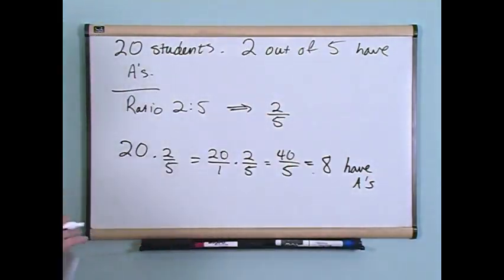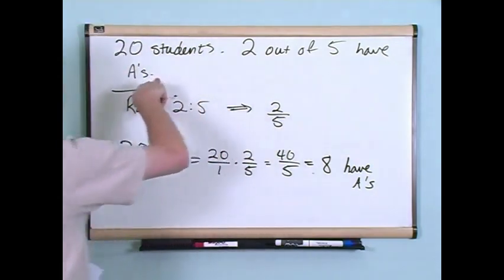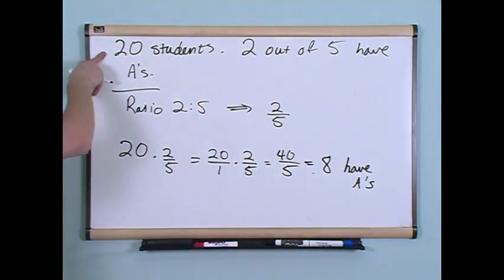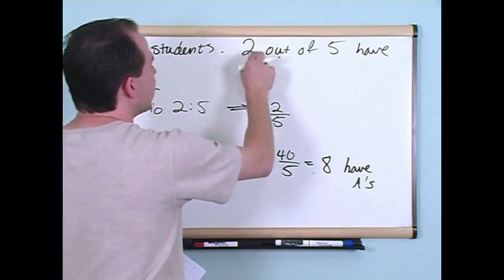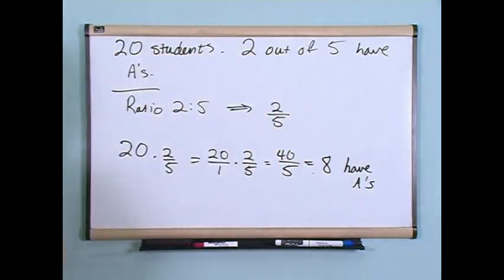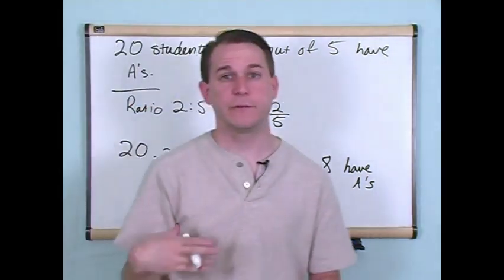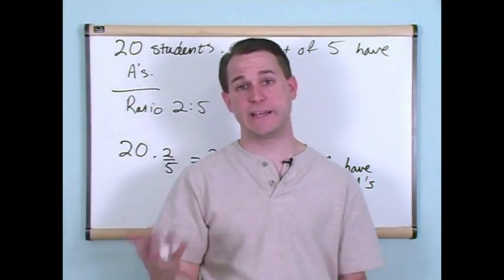Okay? So that kind of makes sense. 2 out of 5 people have A's. 20 total students in the class, 8 of them have A's. And that's kind of how you do it. You define a ratio, which is what they're giving you here. Anytime you see something out of something, that's a ratio. It's a dead giveaway for a ratio. So when you're dealing with problems in ratios, look for the information in the problem that's going to give you the ratio.